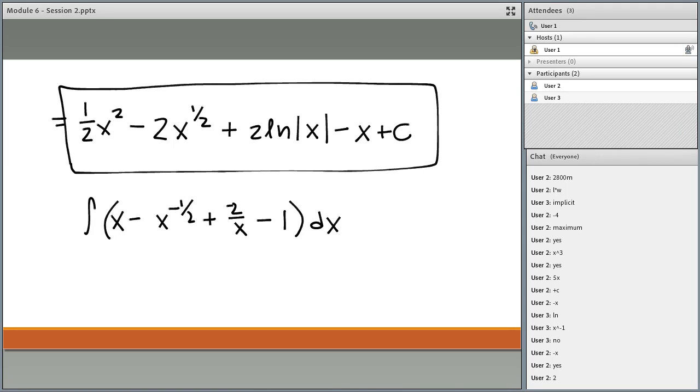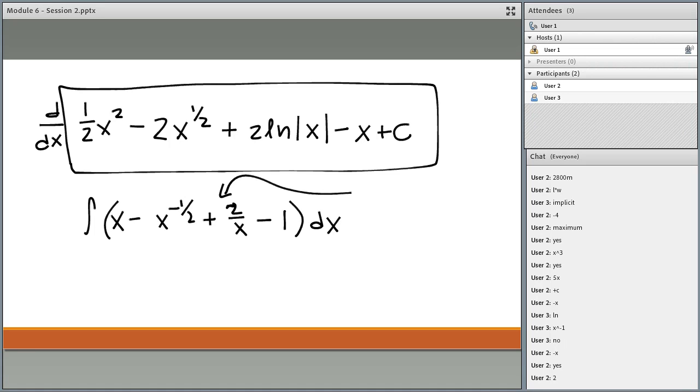If I take the derivative of this function that we have in the parentheses, I should get back to what I had as the original integral. So if I take the derivative of that, I should get to this function, and I will.